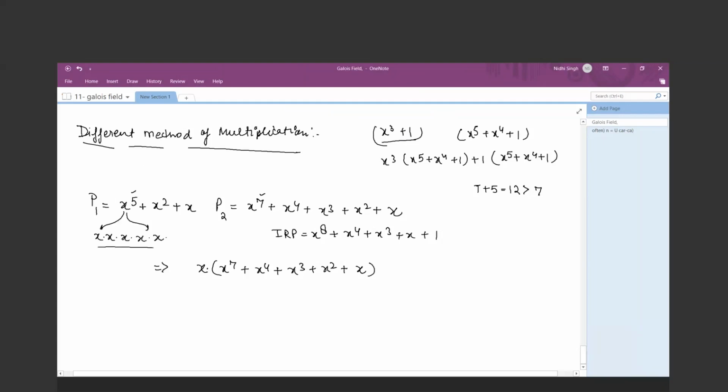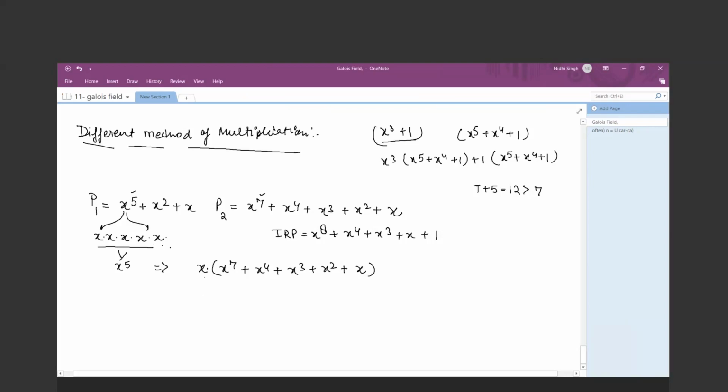And this whole term after the multiplication will make x to the power 5. So we will divide this x to the power 5, the highest power in P1, into multiple individual parts, and multiply all of the single values one by one with the P2 polynomial.